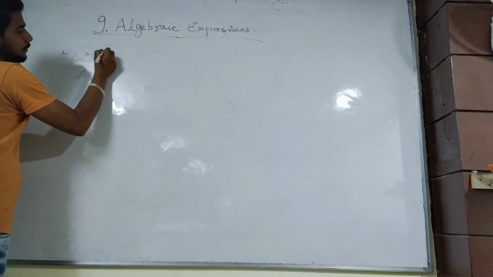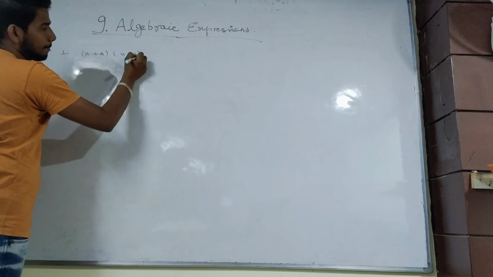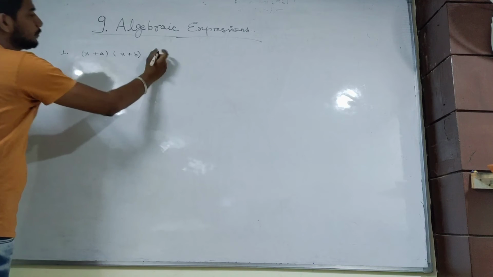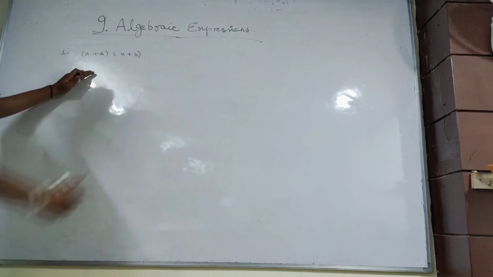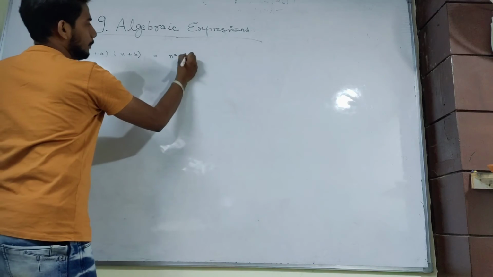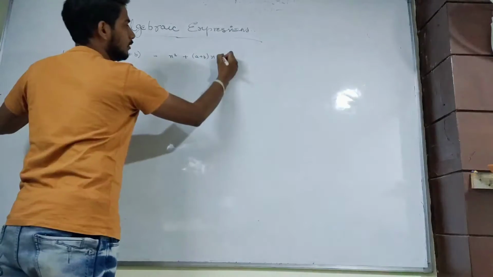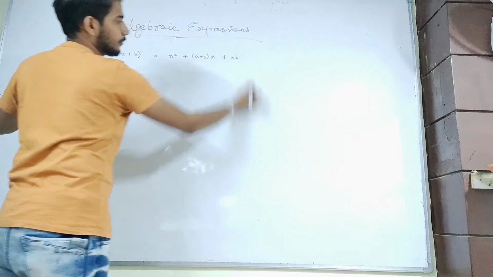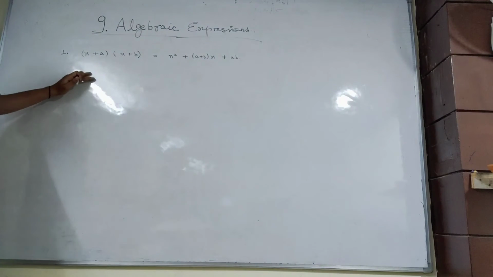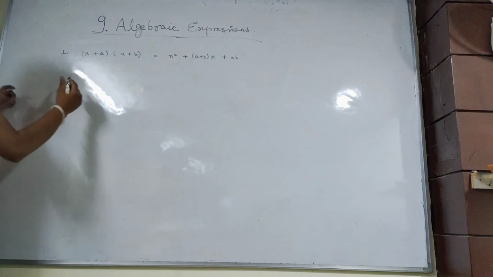x plus a into x plus b. It will open like this: x square plus a plus b into x plus ab. I am going to tell you how this is made.